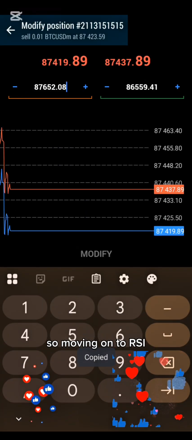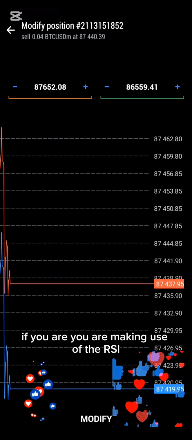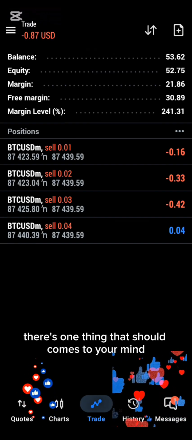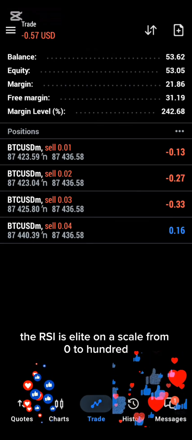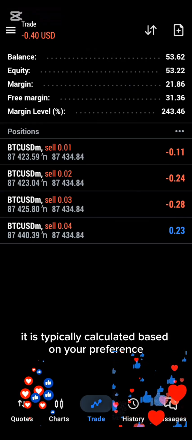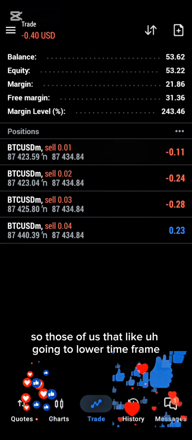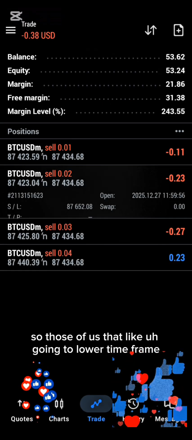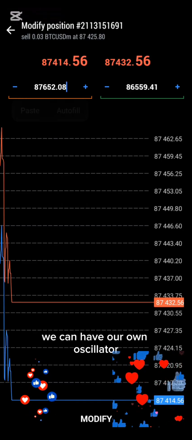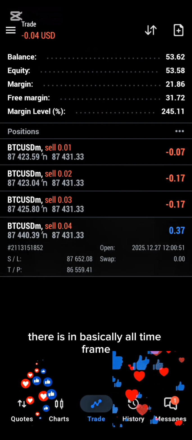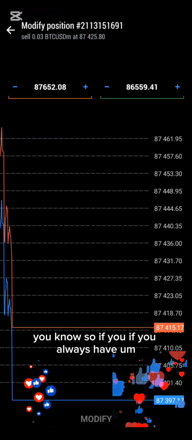So moving on to RSI, if you're making use of the RSI, there's one thing that should come to your mind: it's also scaled from 0 to 100. The RSI oscillates on a scale from 0 to 100. It is typically calculated based on your preferred time frame. So those of us that like going to a lower time frame can have our own oscillator there, using basically any time frame.